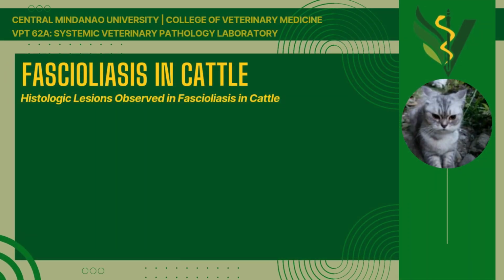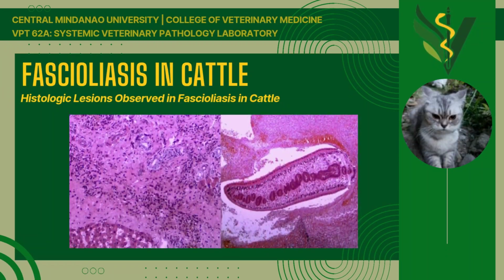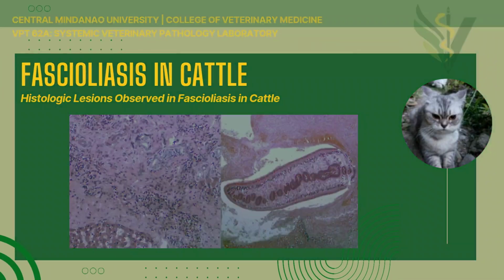Here is an example of a histological section wherein a mature fluke is observed, as well as eosinophilic infiltration and inflammatory inclusion bodies. And we can also observe that there is damage in the parenchymal tissues, and also erosion and ulceration in the path wherein the fluke traveled through.